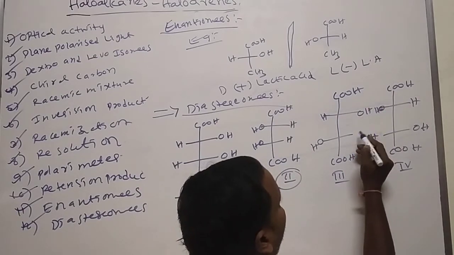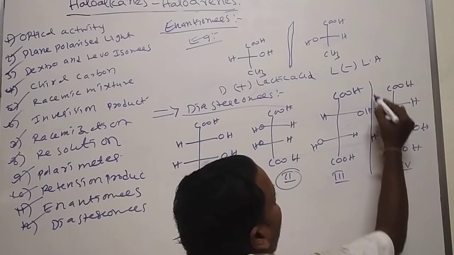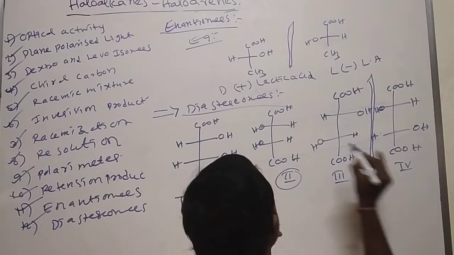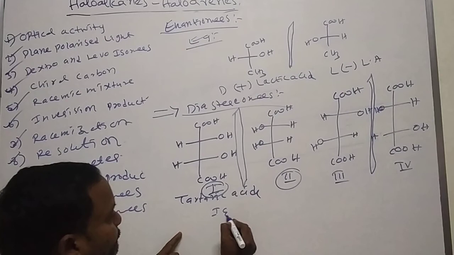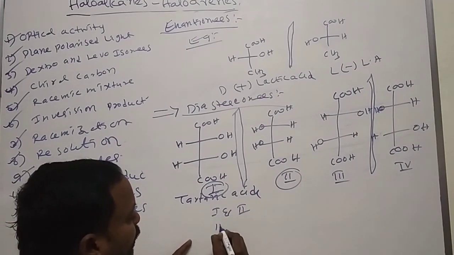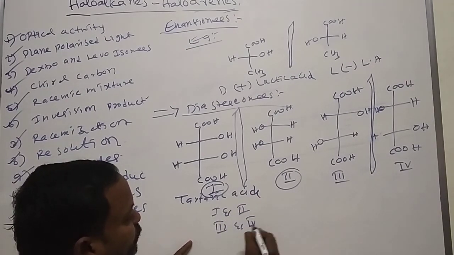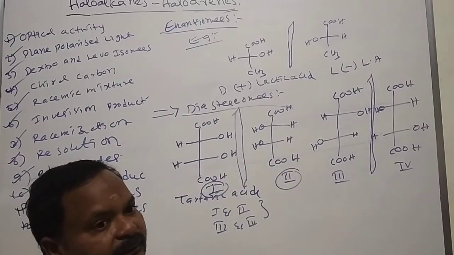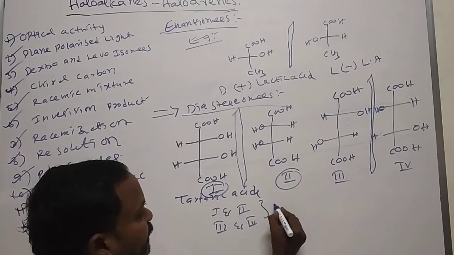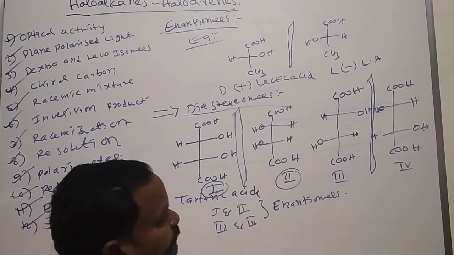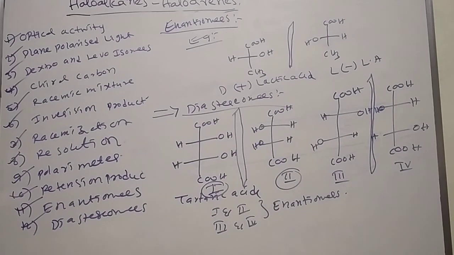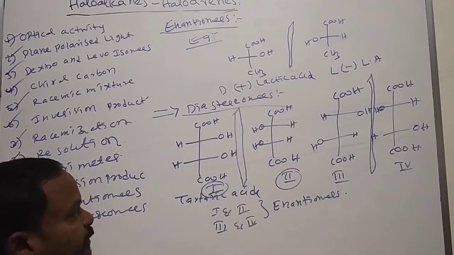See, the first one and second one, the third one and fourth one are mirror images, non-superimposable mirror images, so we call them enantiomers. The first pair, 1 and 2, and the pair 3 and 4, are enantiomers.